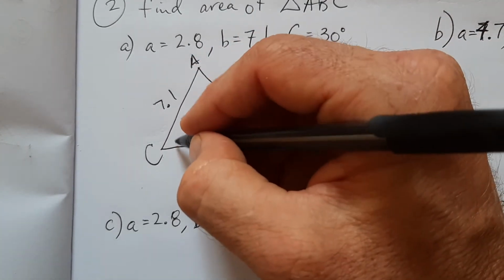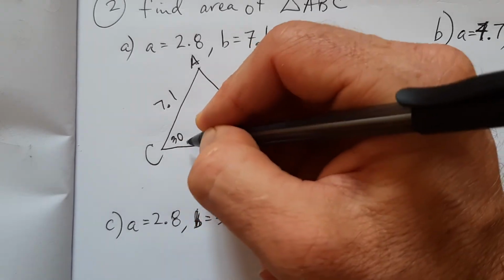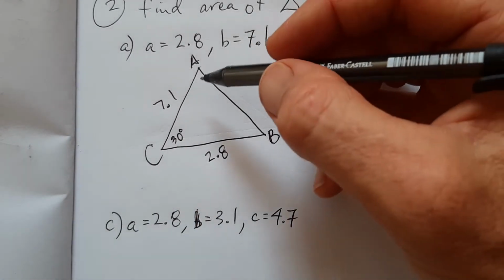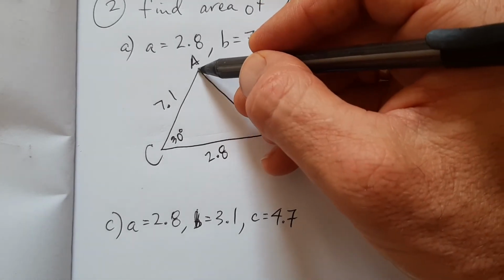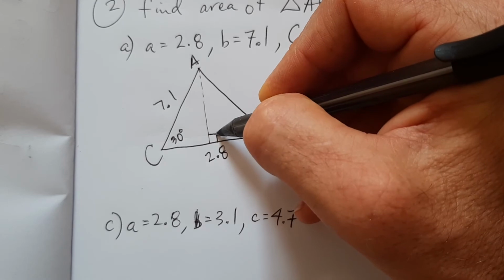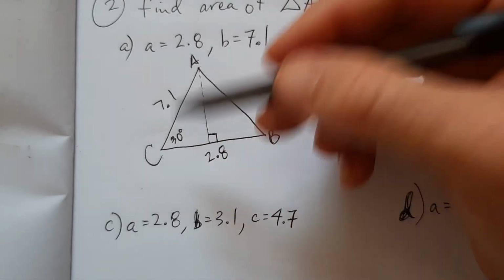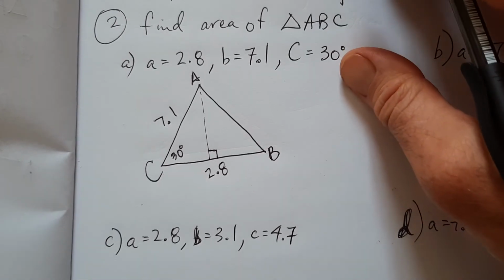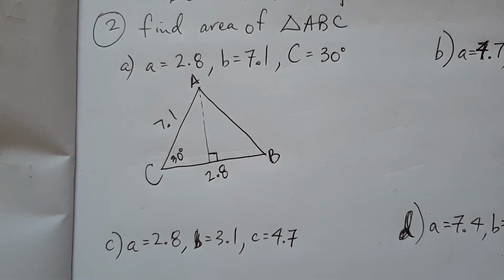And angle C is 30 degrees. Oh, they give you a nice one to start with, right? So if you're just finding the area of ABC, I hope you can see what to do here.